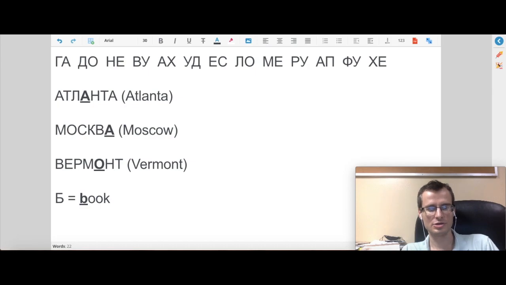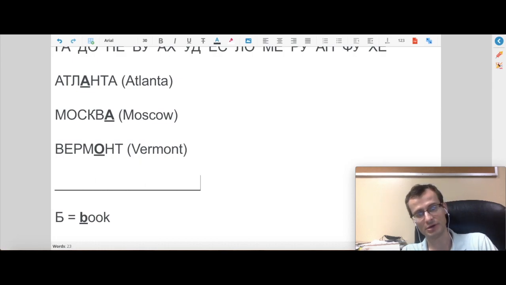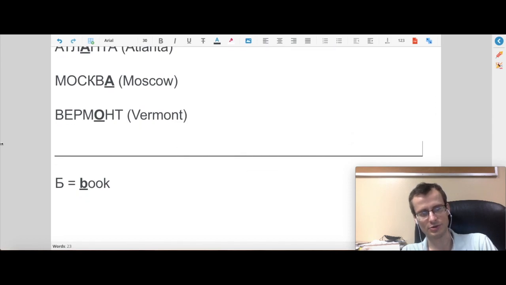So, also, I just told you that uppercase and lowercase letters look the same in Russian in print. Mind you, I'm not teaching you cursive, and you will thank me for that.